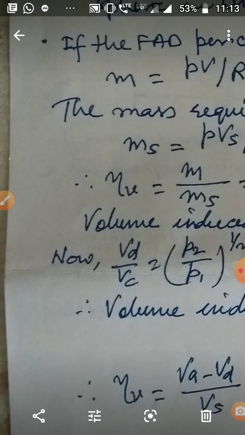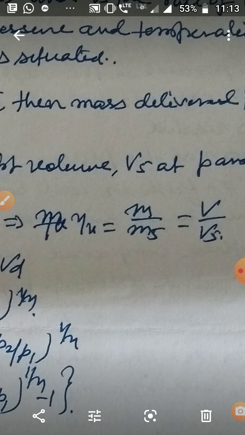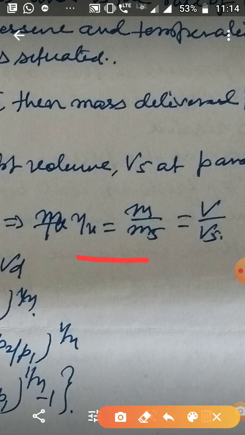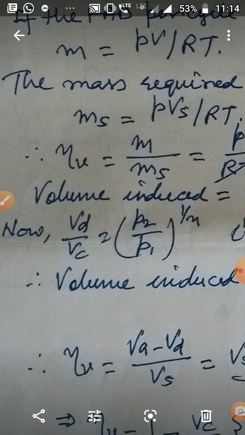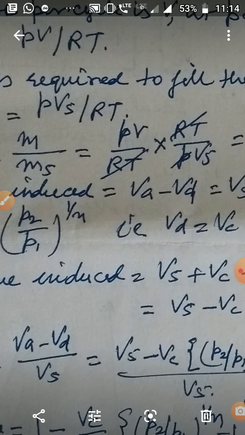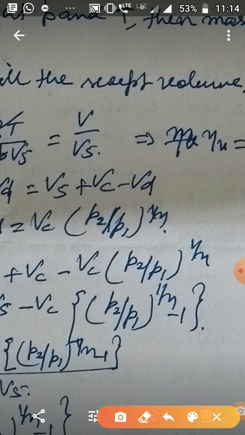Then volumetric efficiency is equal to m by Ms equal to V by Vs, or these two terms are equal. Now the volume induced is Va minus Vd, which is equal to Vs plus Vc minus Vd.